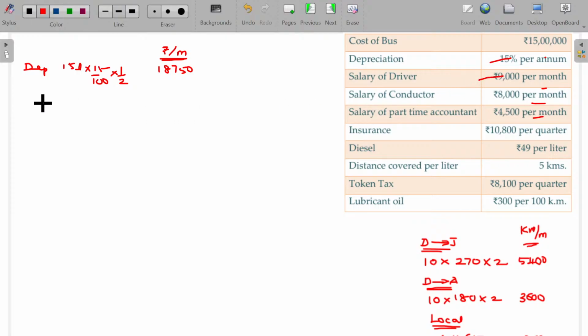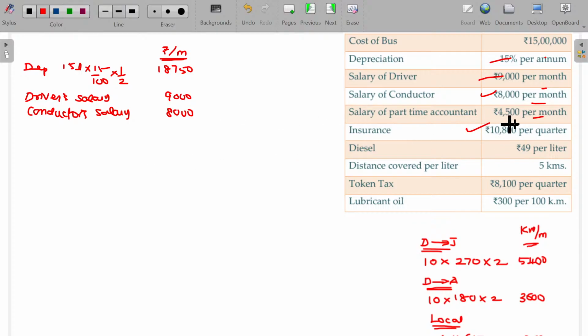Driver's salary: how much? 9,000 per month. Conductor's salary: 8,000 per month.